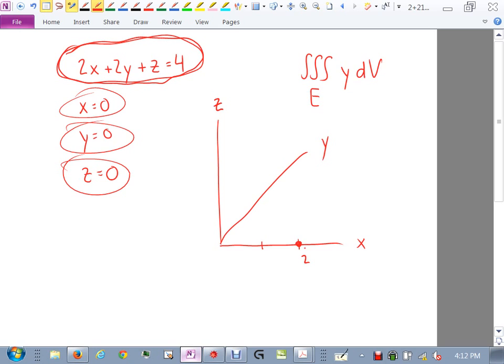Let's grab the axis points, those are the easiest to get. How about x is 0, z is 0? What's y? 2. And then 0, 0, 4, so 1, 2, 3, 4 up here, right? That would be enough for me to draw, connecting those together, that plane right there.